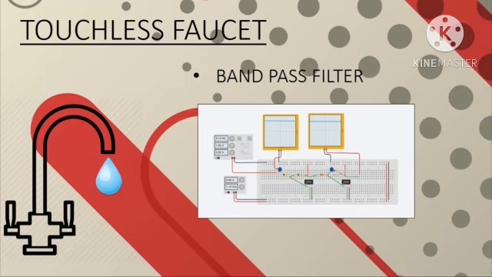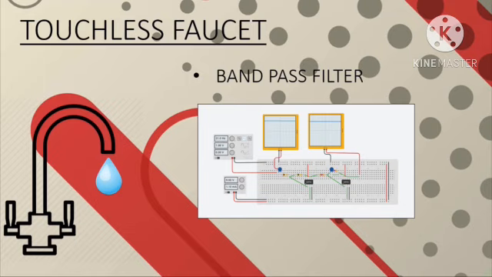Bandpass filters are identified by their center frequency, bandwidth, and quality factor. They are used in a variety of applications, including audio processing, communication systems, instrumentation, and medical equipment to isolate specific frequency components.